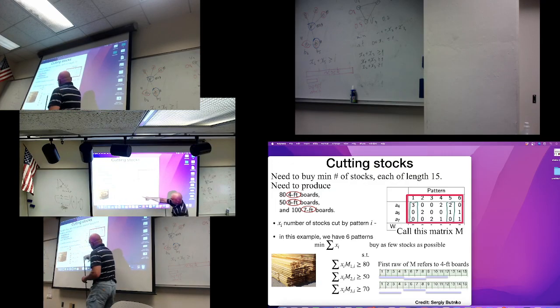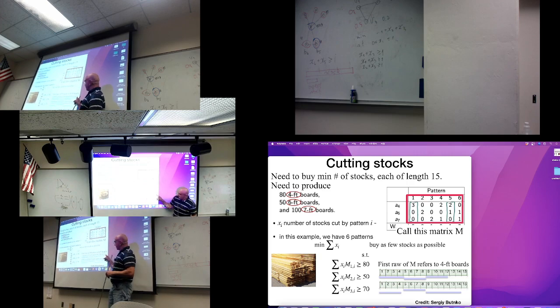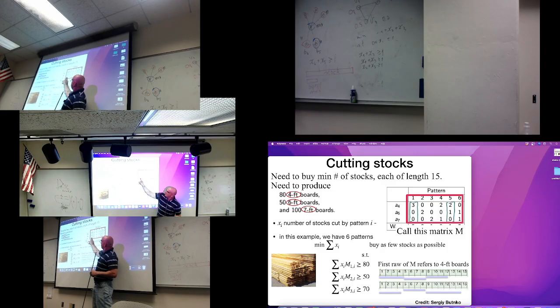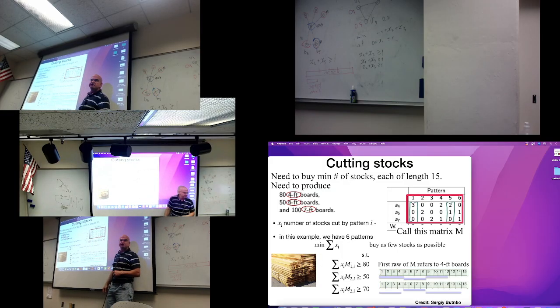So if that's a pattern that I cut a stock into 3 pieces of 4, I'll call it plan 1. So plan 1, the first column here, consists of 3, meaning that I'll generate 3 pieces of 4, 0 pieces of 6, and 0 pieces of 7. And that's legit, of course, the 3 pieces are of the desired length.